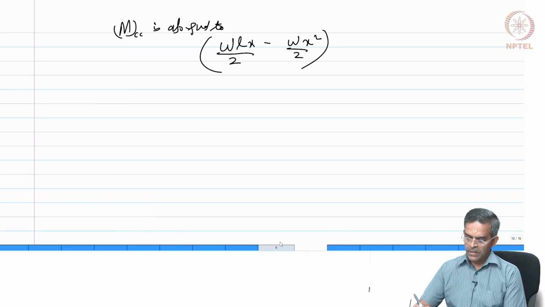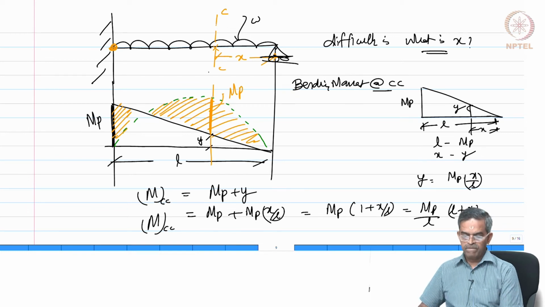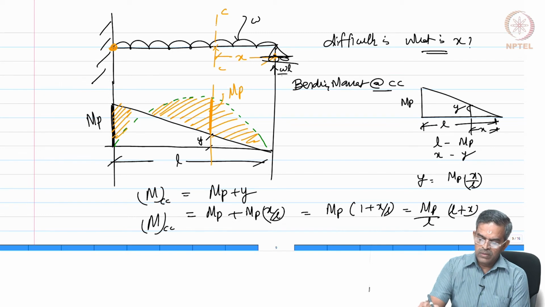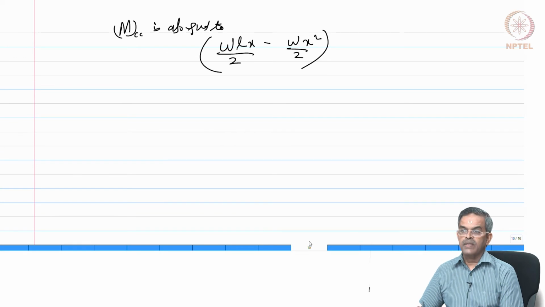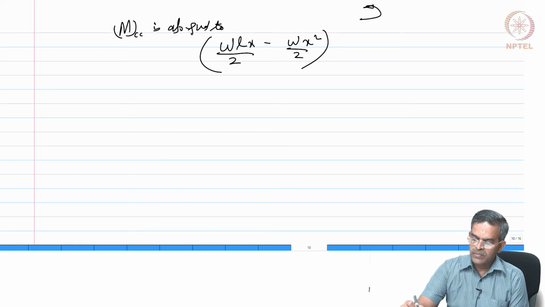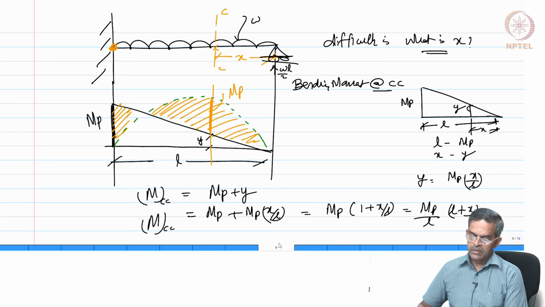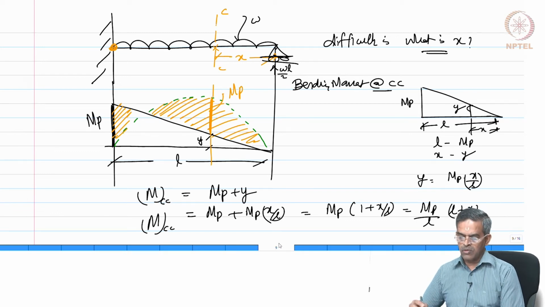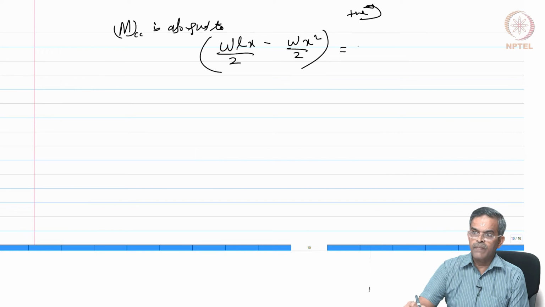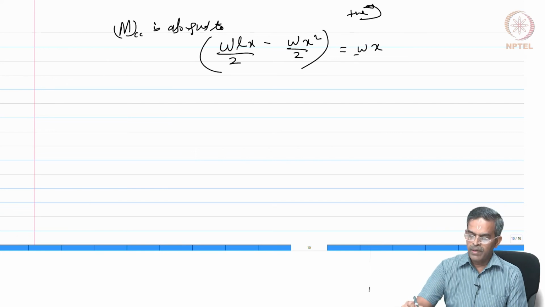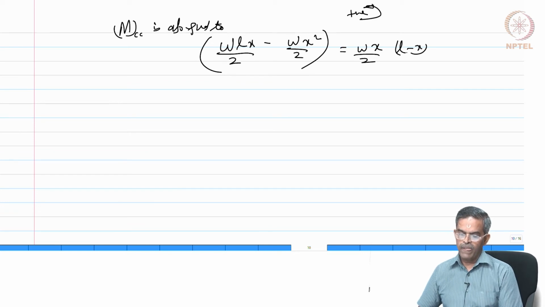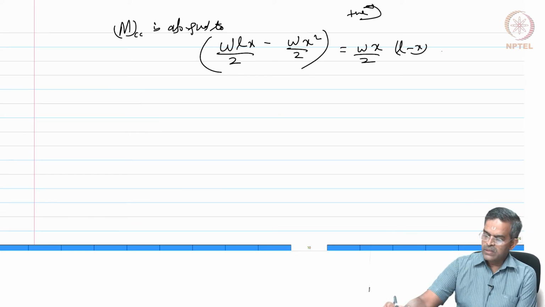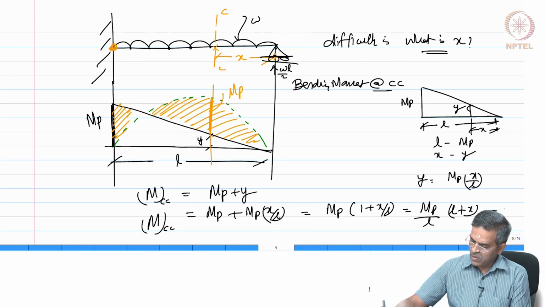Just see here, I want to find the moment at CC. So, this reaction is WL by 2 and this is x. I am taking anticlockwise positive. So, WLx by 2 minus W x square by 2, which will become Wx by 2 times (L minus x), am I right? So, now this is equation 2, we call the earlier one equation 1.